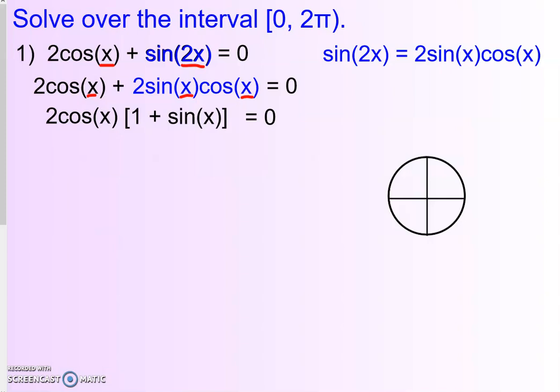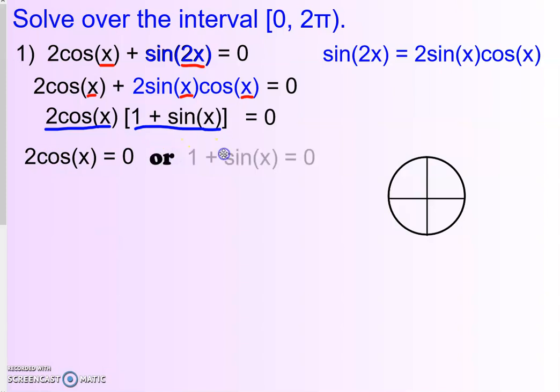And we know that every single time you multiply any 2 numbers together and get 0, one of those numbers has to be 0. Maybe it's the first, or maybe it's the second. Now, if it's the first, we have to do a little bit of algebra to get cosine by itself. And if it's the second, well, again, we have to do a little bit of algebra to get sine by itself. And we end up getting these values.